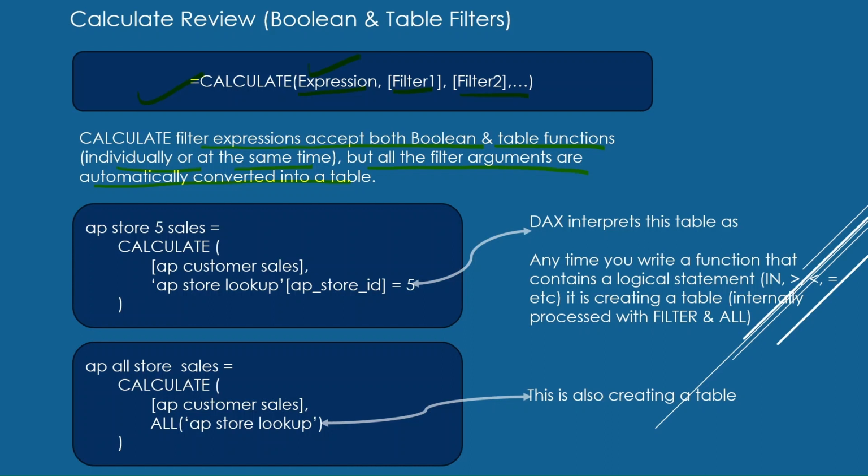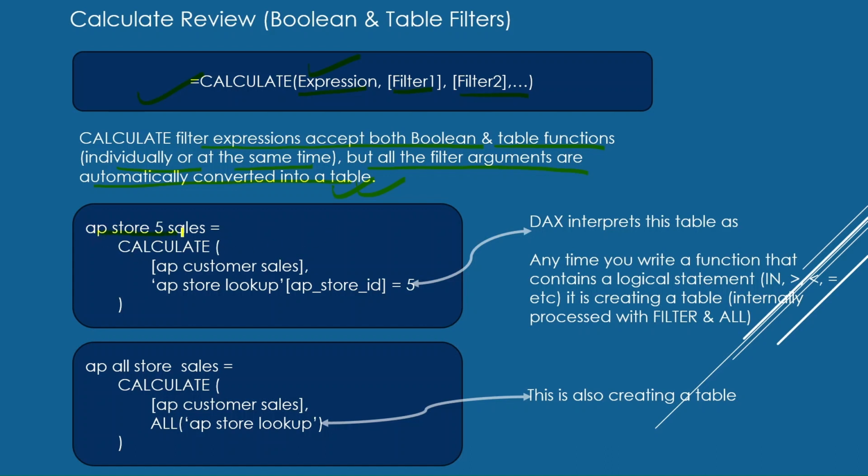But all the filter arguments are automatically converted into a table. So this is very important. We can give hundreds of filter arguments in the CALCULATE function, but all the filter arguments are automatically converted into a table. So let's see.